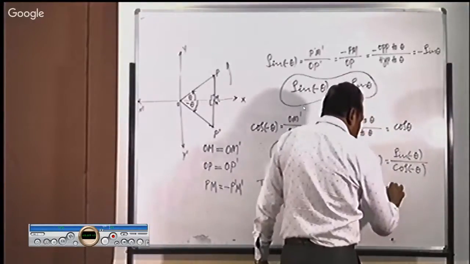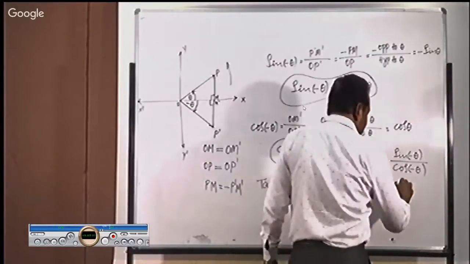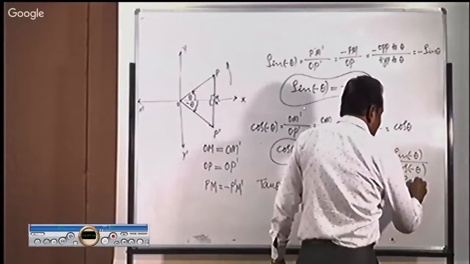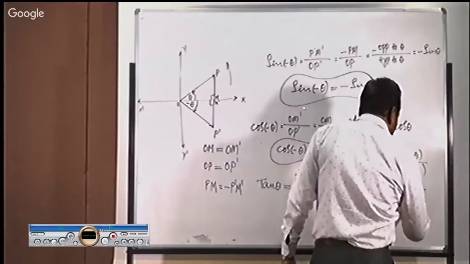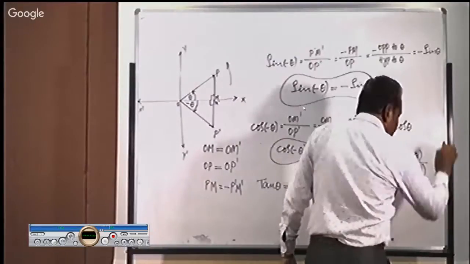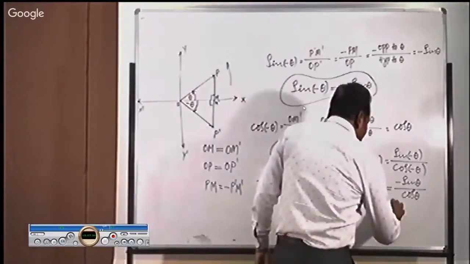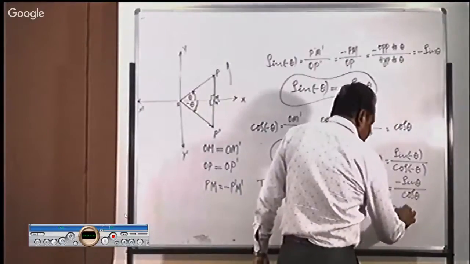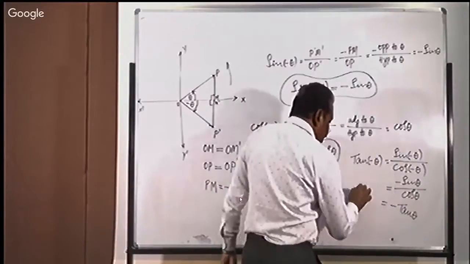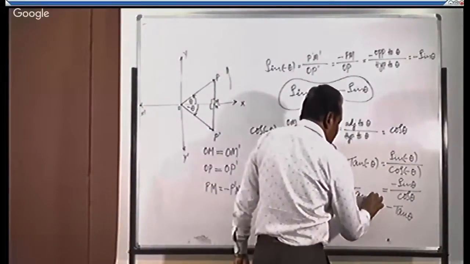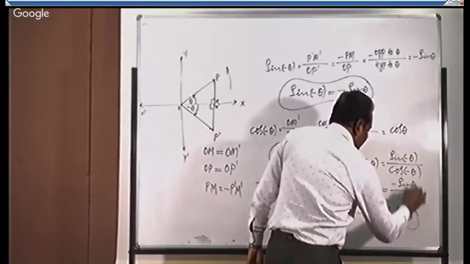But we proved just now that sine of minus theta is nothing but minus sine theta. That is, in the numerator, minus sine theta divided by cos of minus theta, which is cos theta only. Now, minus sign as it is, sine theta by cos theta is tan theta. Thus, we can say tan of minus theta is always equal to minus tan theta.